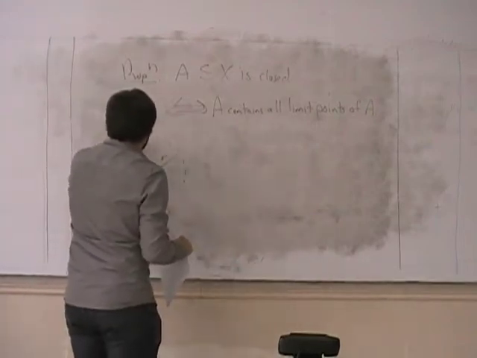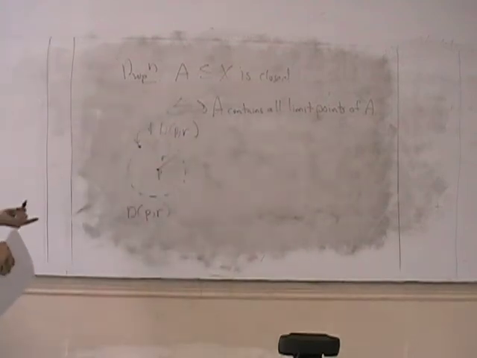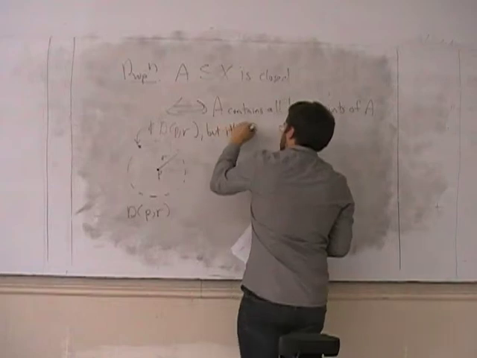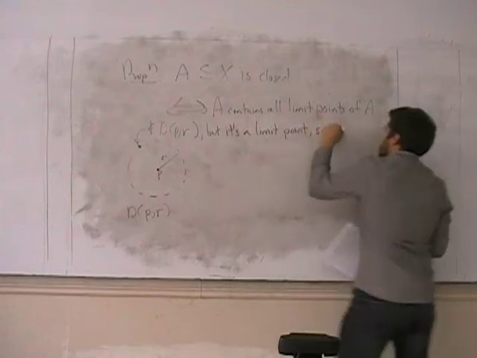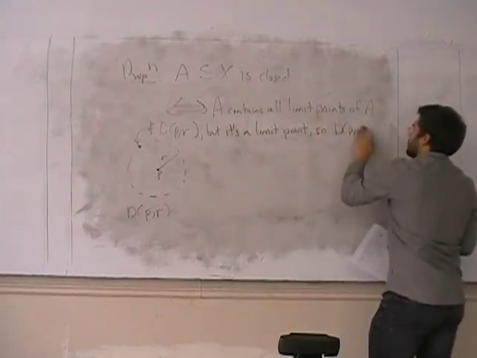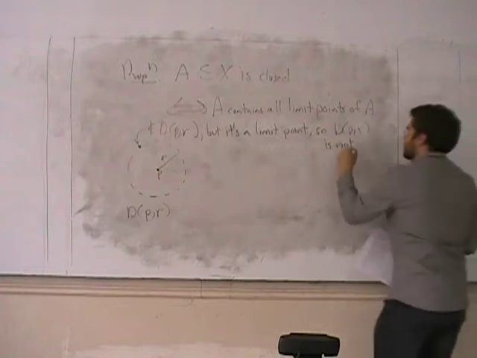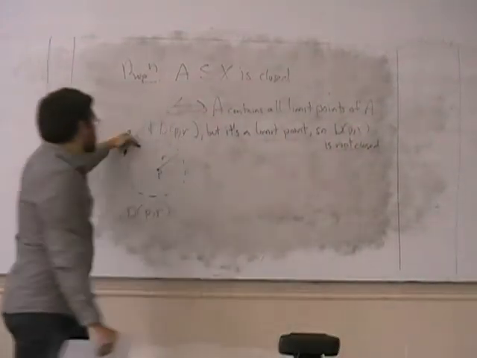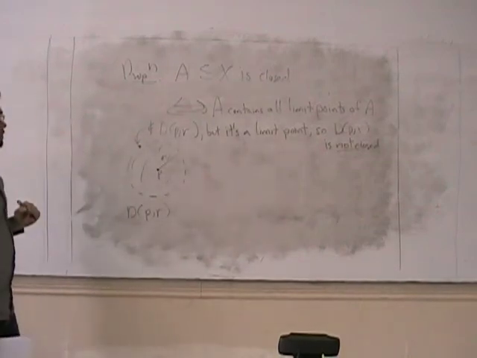So this point here that's on the circle is not an element of D_P(r), but it's a limit point. So D_P(r), this open disk, is, as we've already discussed, not closed. That's a quick way to see why it's not closed. It's because here's a limit point of the disk that actually is not an element of the disk.